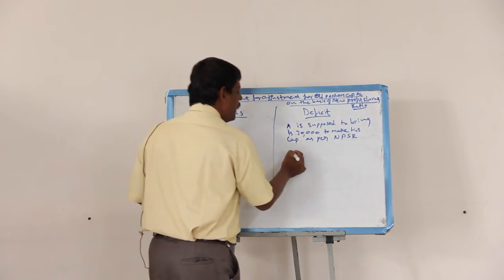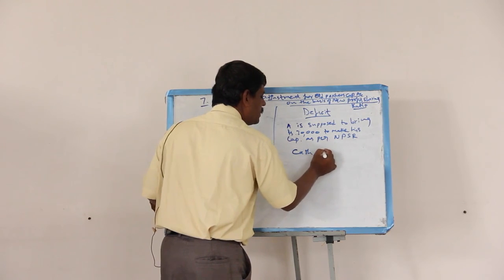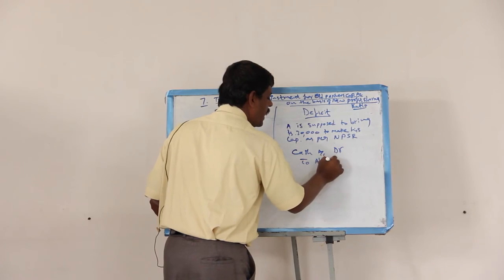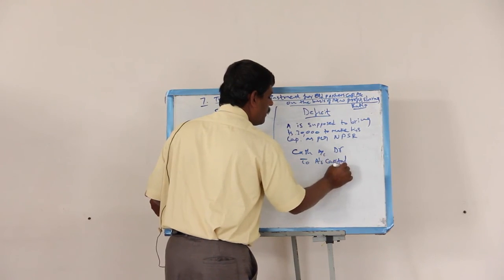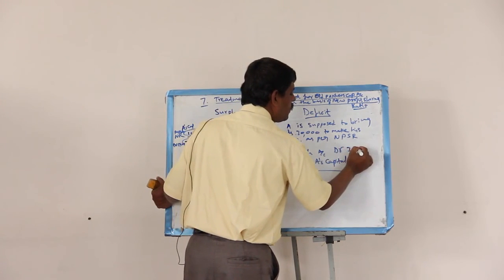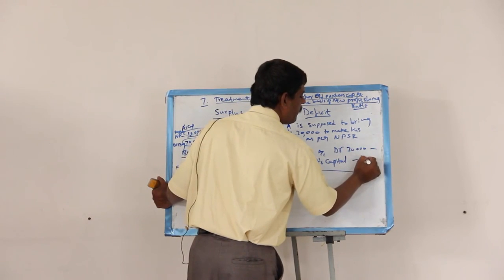So entry: cash account debit, as cash is coming into the business, and A is giving cash. Cash account debit, to A's capital account, 30,000 rupees he is bringing.